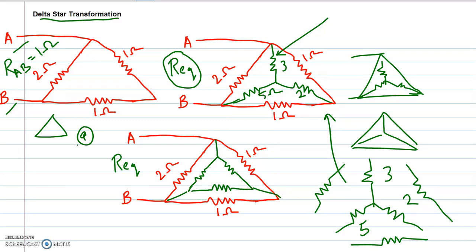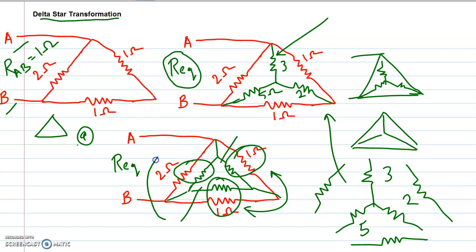If I am able to do this, then it is very easy. These two become parallel, these two become parallel, and these two become parallel. And these parallel pairs come in series, so we can find the equivalent resistance between these two points. Again, this section and this section come in parallel, so you will be able to find the equivalent resistance across A and B.